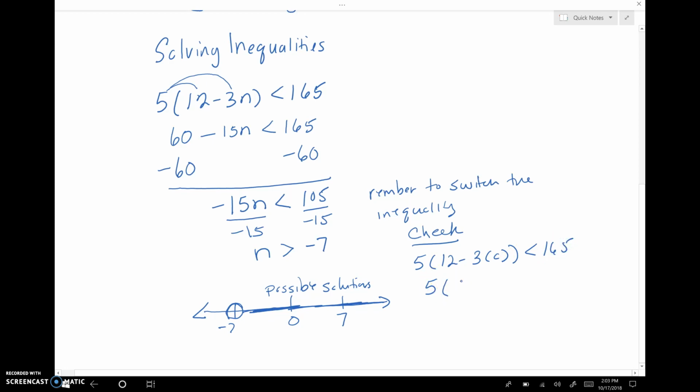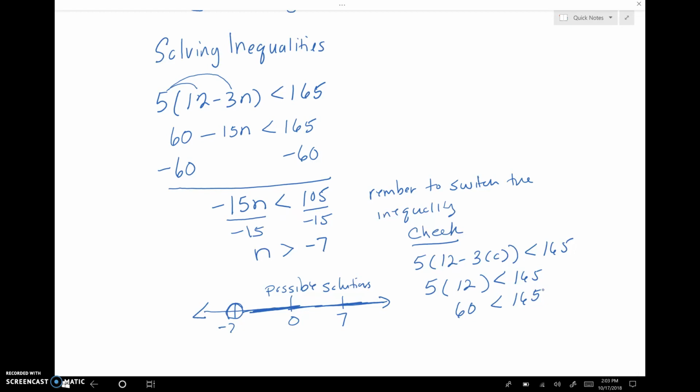We have 5 times 12 is less than 165, since 3 times 0 is 0, and 5 times 12 gives us 60. So 60 is less than 165.